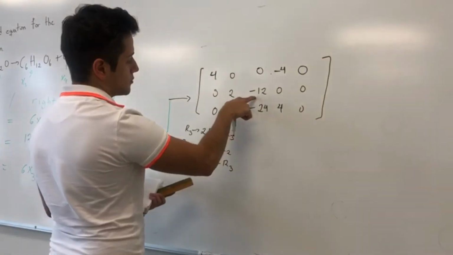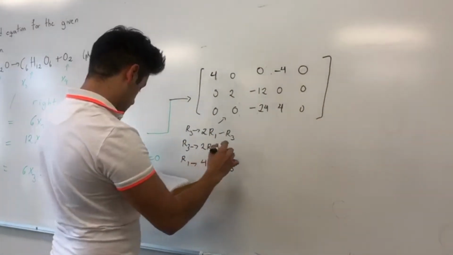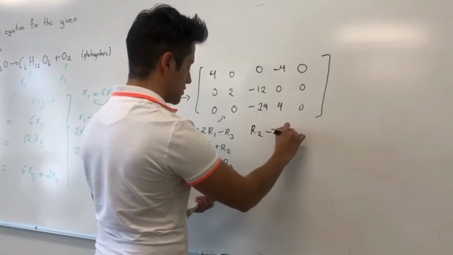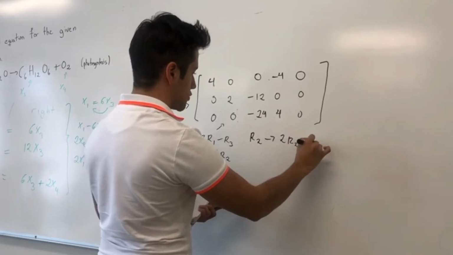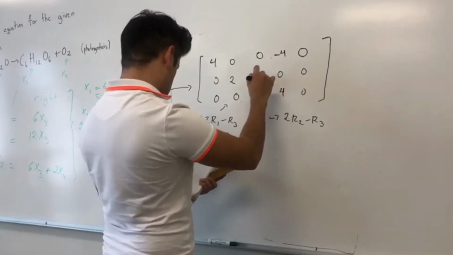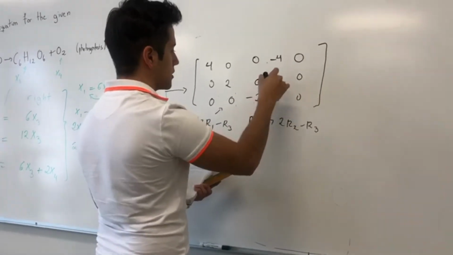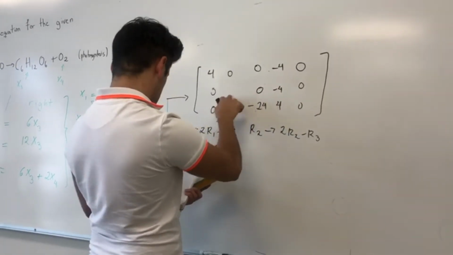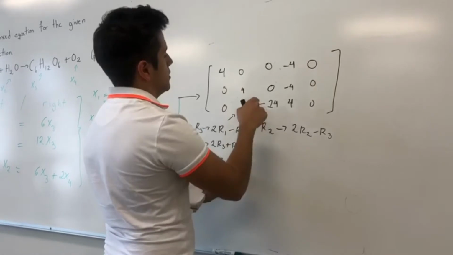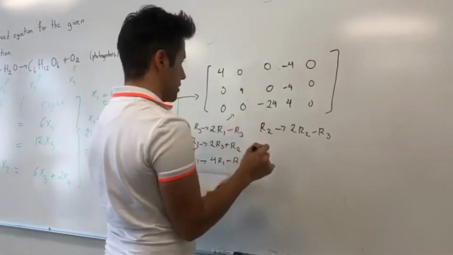And the next step is to make a 0 here. So in row 2, we'll do 2 times row 2 minus row 3. We'll get rid of this, making it a 0. Here will be a minus 4, and here will be a 4. Okay, so we have this.